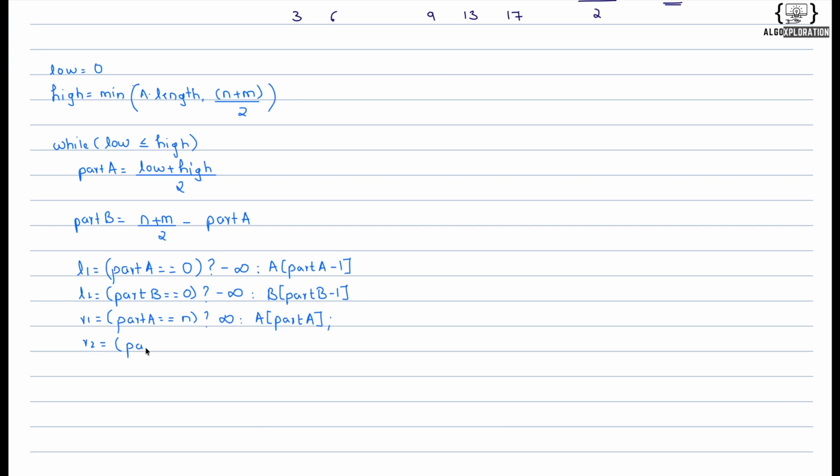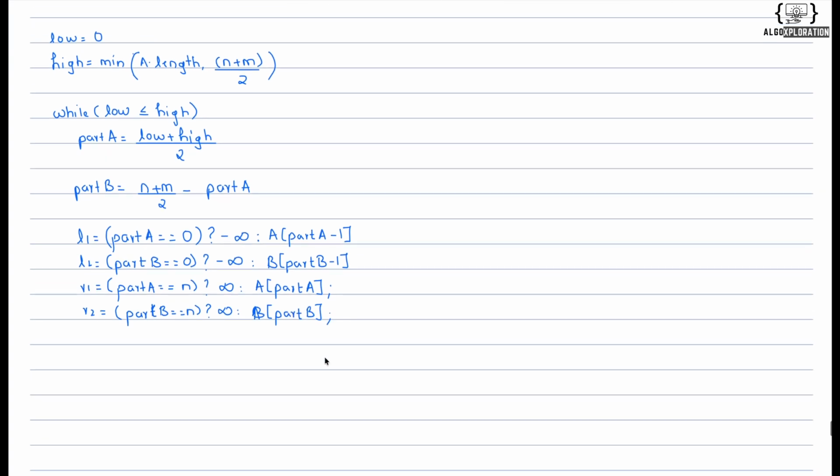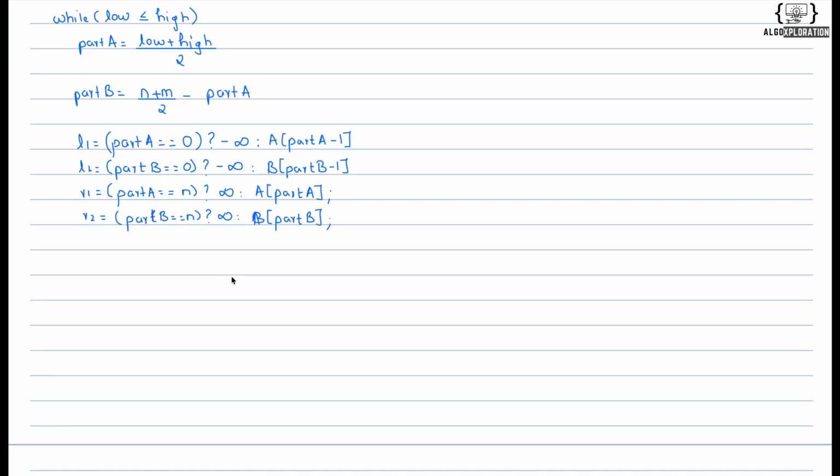Similarly, if you are taking all the elements from array B, then the value of R2 will be infinity. Otherwise it will be B of partition B. Now we got L1, R1, L2, R2.